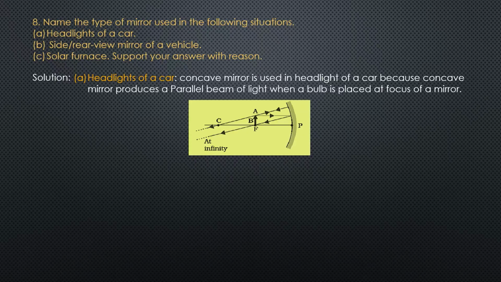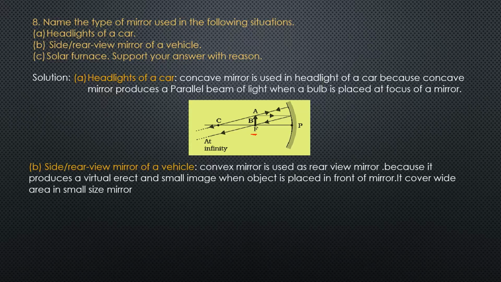That is, light after reflection from the mirror becomes parallel, or a parallel beam is formed. So when a bulb is installed at the focus at this point, then the light rays become parallel after reflection from the mirror, or the mirror will produce a parallel beam of light.